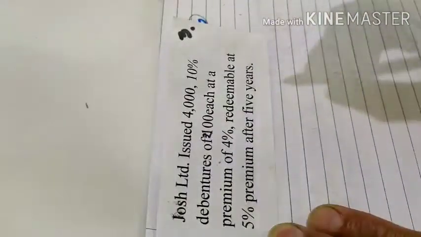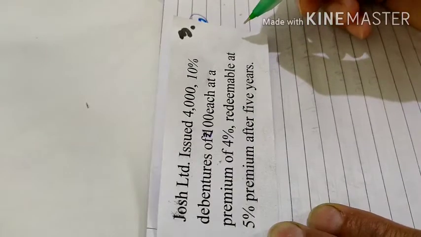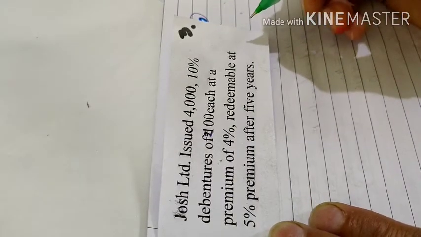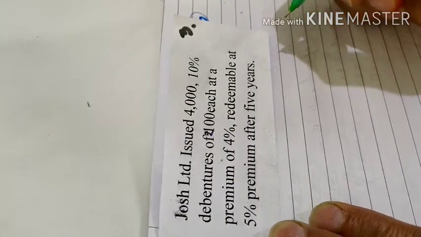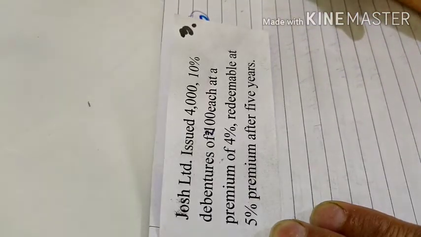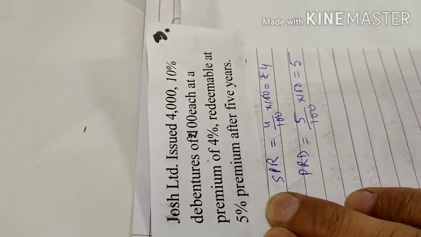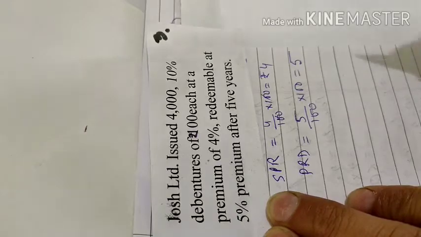Let's take example number 3. And here is the question. JOS Limited issued 4,000 10% debentures of ₹100 each at a premium of 4%, redeemable at 5% premium after 5 years. So in this question we see there are two premiums. One is called SPR and another one is PRD.